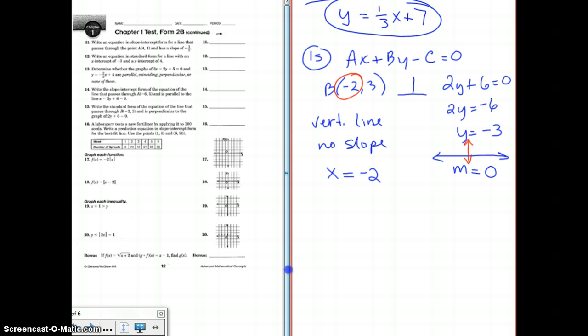Now actually we want that in standard form, so all of my terms need to come over and the equation needs to be set equal to 0. So if I bring the -2 over, I'm going to add 2, I get x plus 2 equals 0, and that's the equation of my vertical line in standard form.